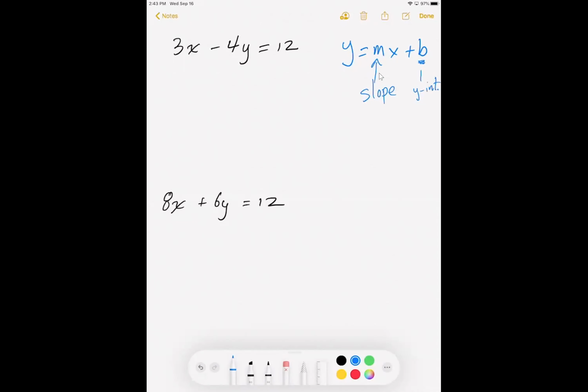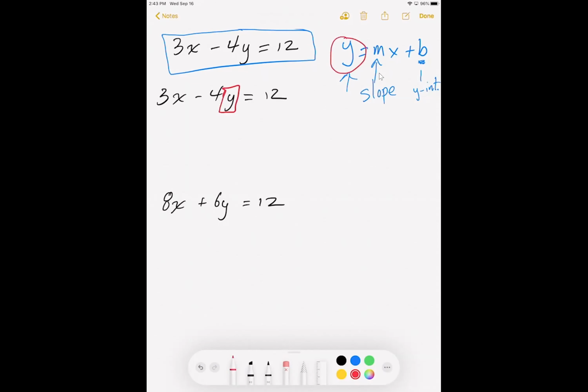So how can you convert this item to the slope-intercept form? All we need to do is get y by itself. We have 3x minus 4y equal to 12, and my goal, as always, is y by itself.